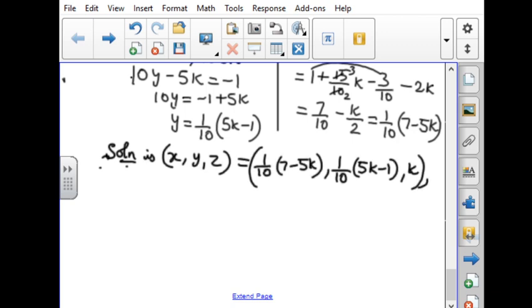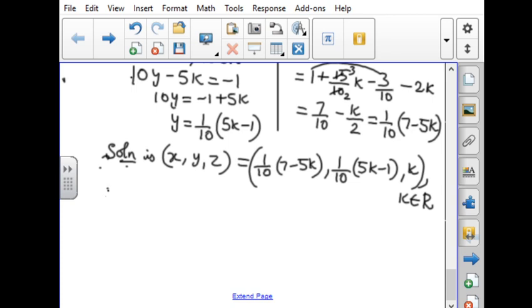Finally, you have to write where k belongs to R. For any values of R, by substituting k is equal to 0, k is equal to minus 1, k is equal to 1, whatever real numbers you give for k, we will get infinitely many solutions.